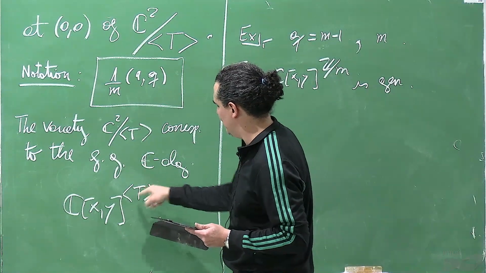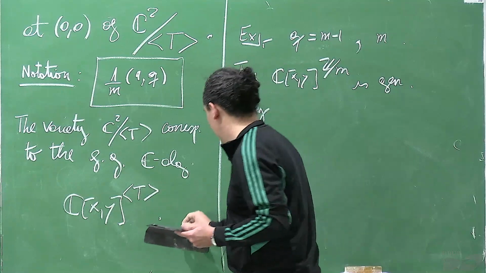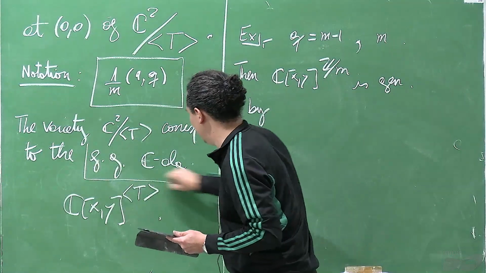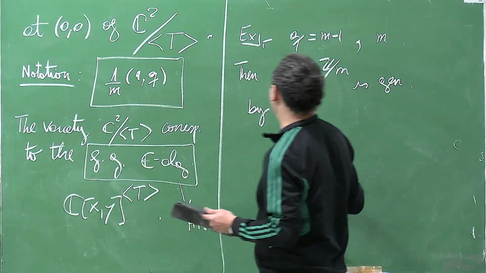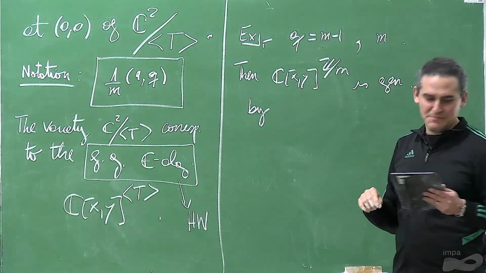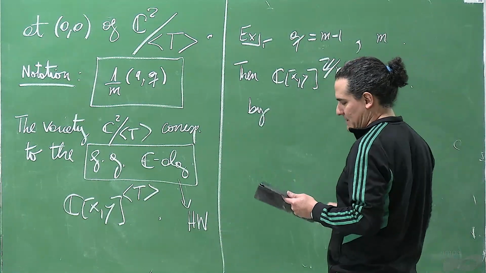So if you put a G here, that is finite. So homework, this is finitely generated. And here I will show you generators for this particular case.